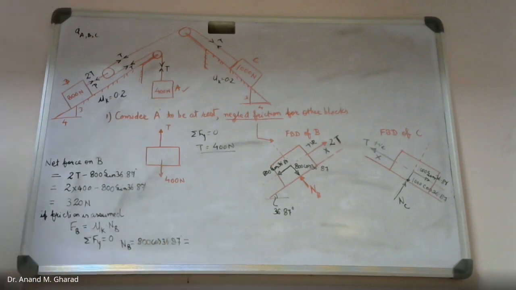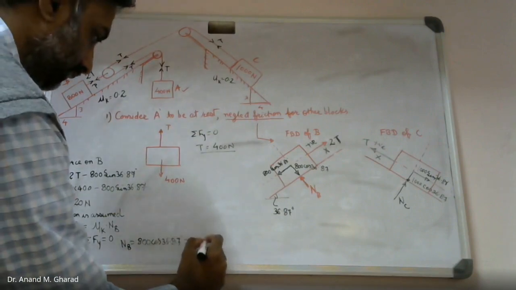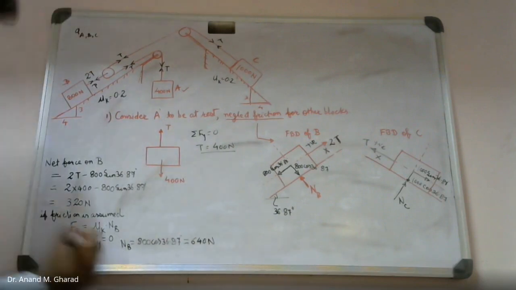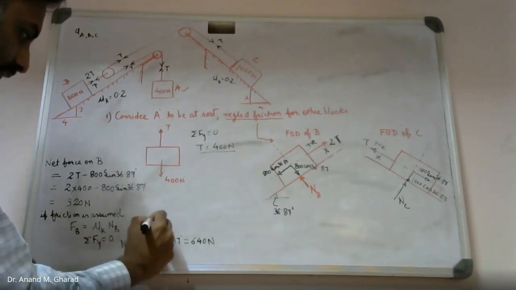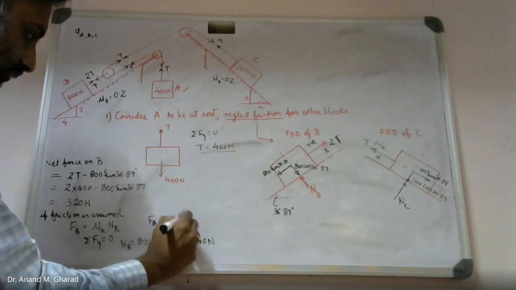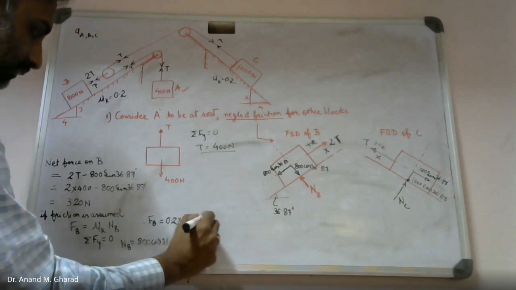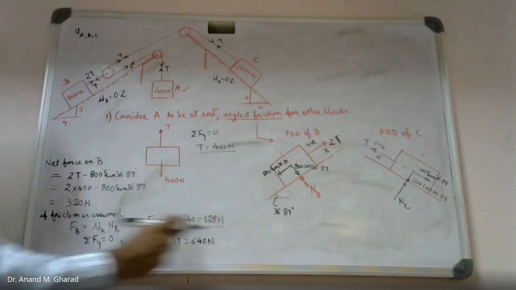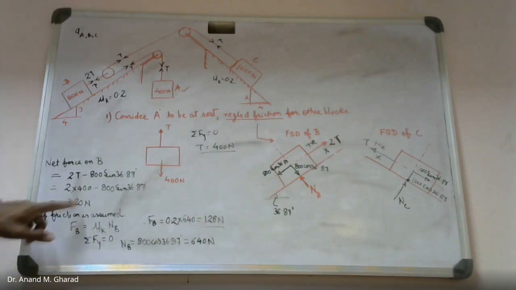How much value do we get? 640. Okay, this is NB value. Therefore, FB value will be now equal to 0.2 into this 640. That is 128 Newton. And 128 Newton is very less compared to this 320 Newton.